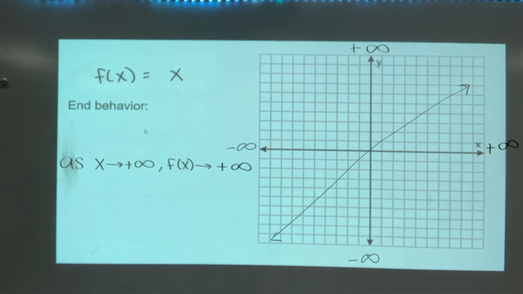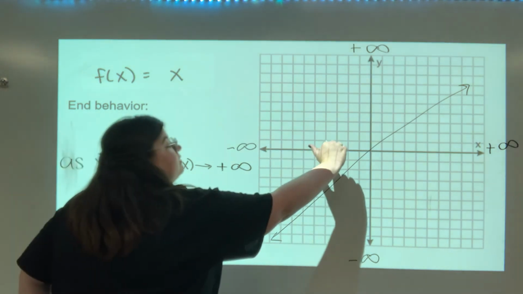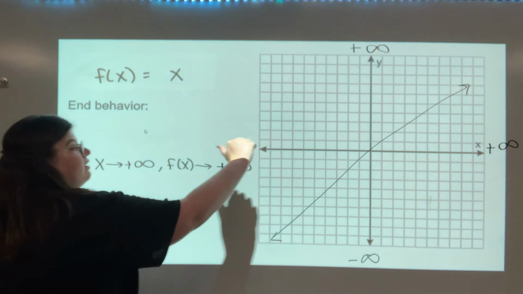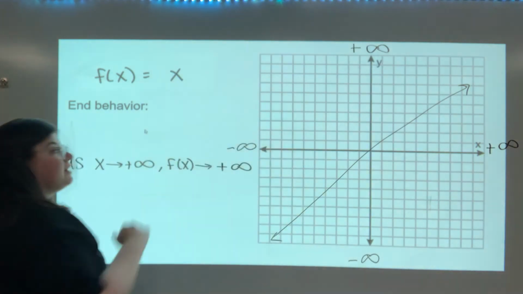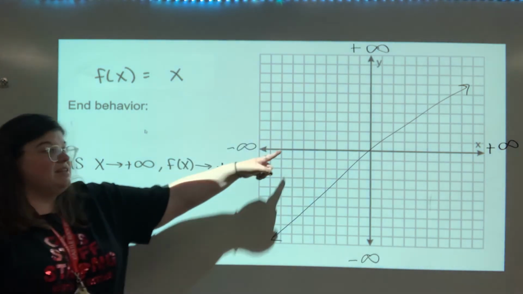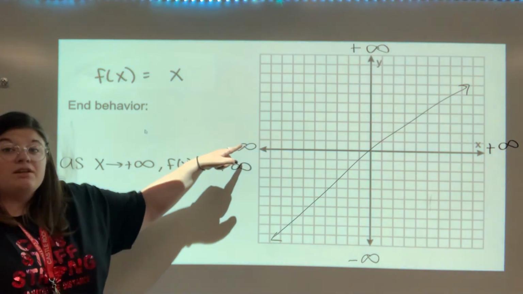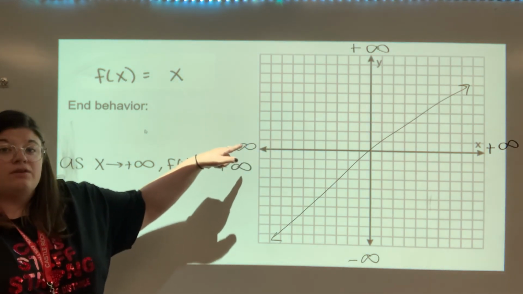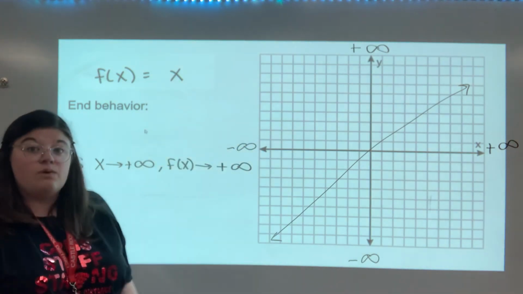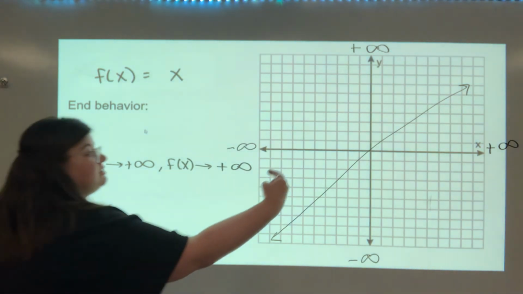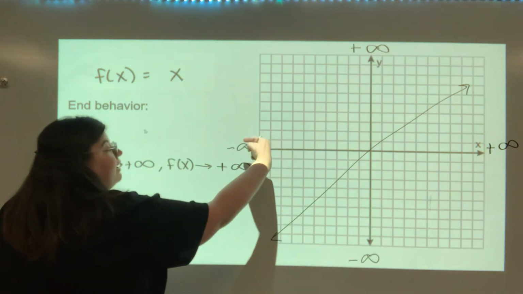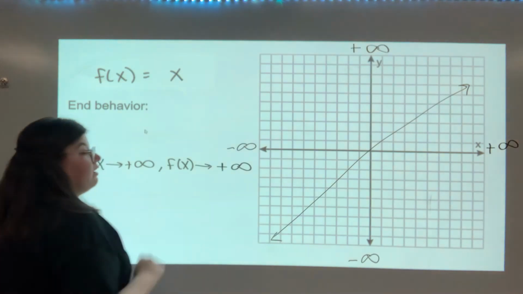On the other hand, as x decreases without bound, as we move this way on our x-axis, we're heading towards negative infinity. What's happening to our function? What's happening to our y values? We're going down as well. So as we decrease on our x, we are also decreasing on our y.